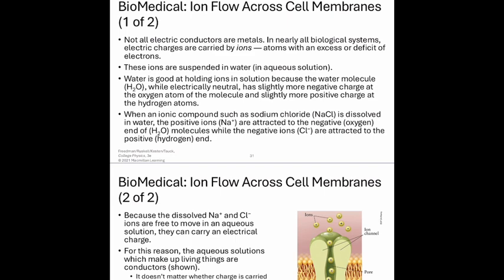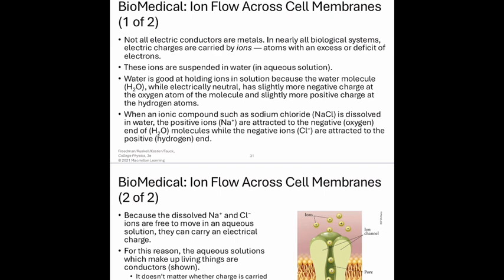Ions in an aqueous solution are conductors as well. And we know that water is really good at holding ions in solution because the water molecule has a slightly more negative charge on the side where the oxygen atom is and a slightly more positive charge on the side where the hydrogen atoms reside, right?